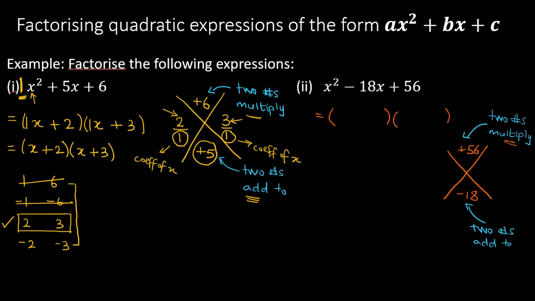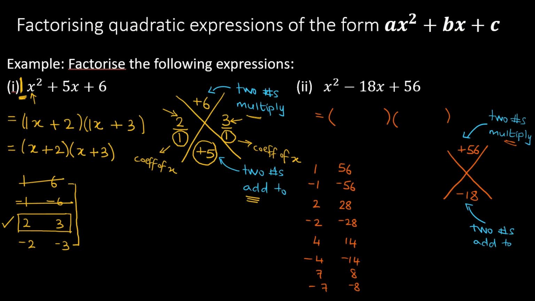We have 1 times 56, negative 1, negative 56, 2 times 28, negative 2, negative 28, 4 times 14, negative 4, negative 14, 7 times 8, and negative 7, negative 8.